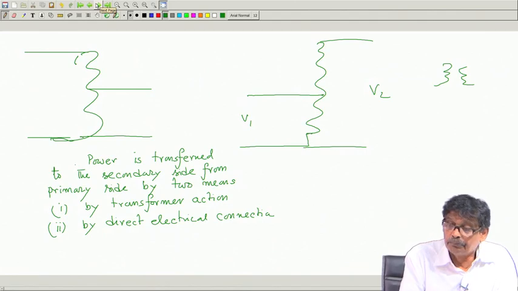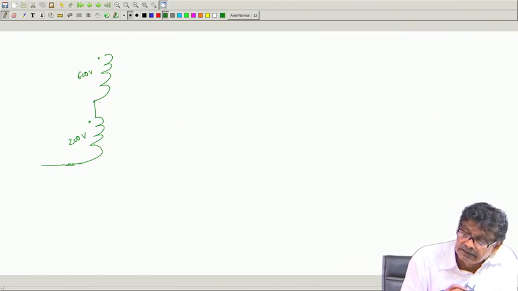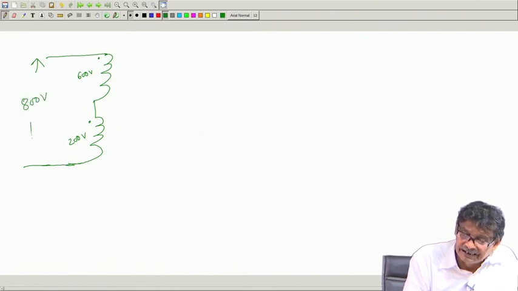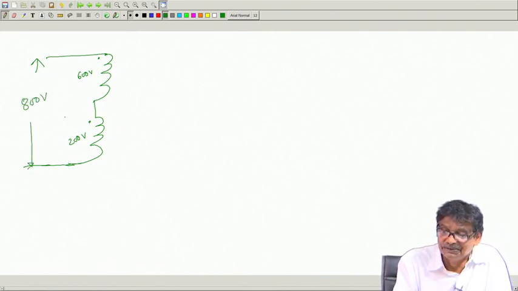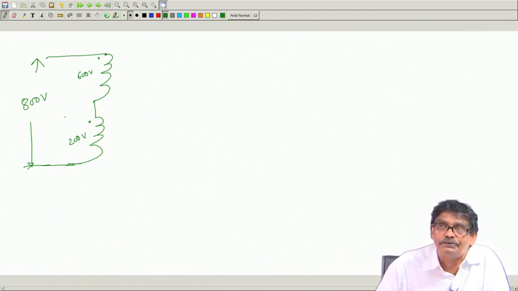Suppose this is the 600 volt, this is the 200 volt, and these two windings I have connected in series. I can say that this can also be used, and suppose your supply voltage is 800 volt, that I can apply, because then the voltage will be divided, induced voltage in this ratio N1 by N2, whatever it is.